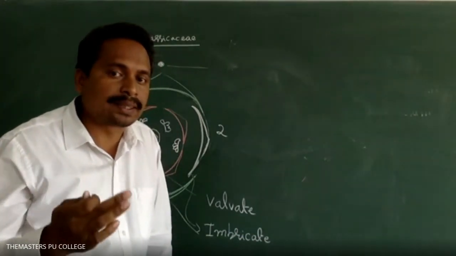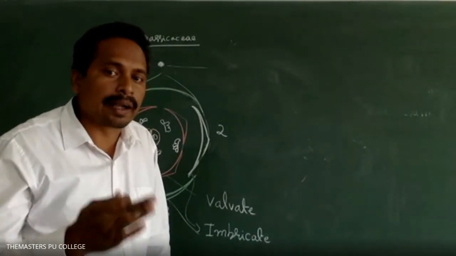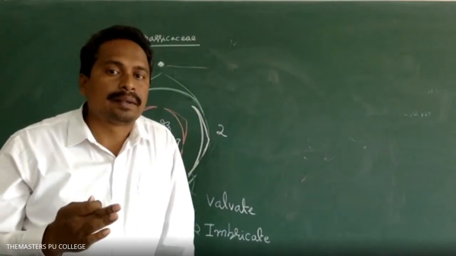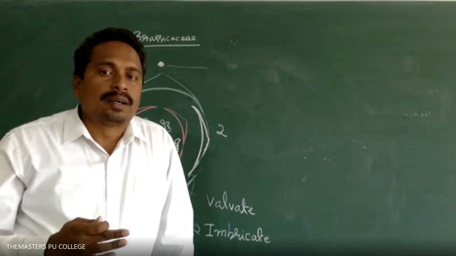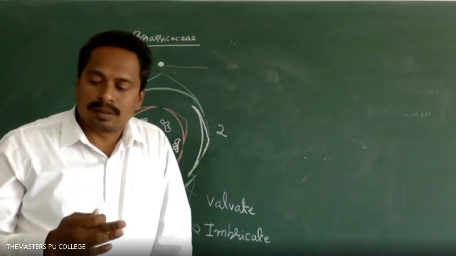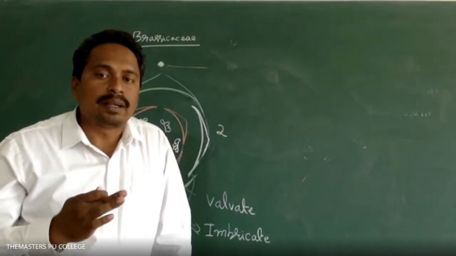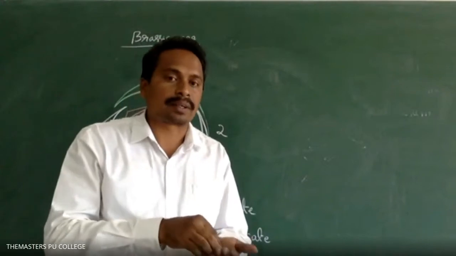Mainly four parts: calyx, corolla, androecium, and gynoecium. So the floral formula means the numerical representation of the various parts of the flower.